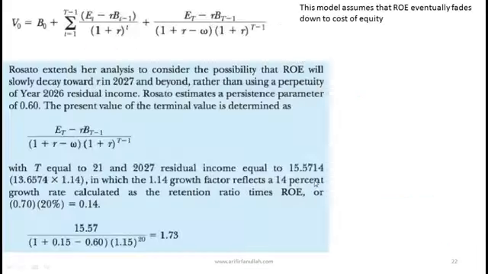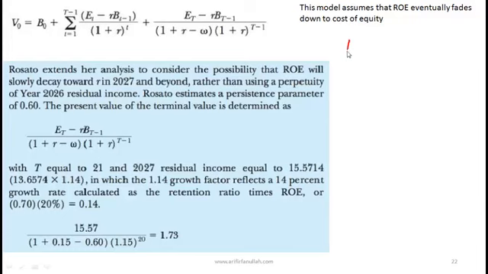Alright, so we are continuing with the residual income model, and effectively what we've done so far is said the value of a company is equal to initial book value plus the present value of all the residual incomes in the future.